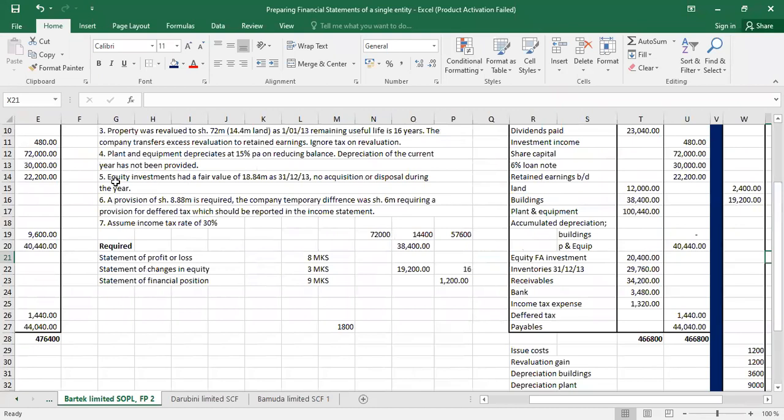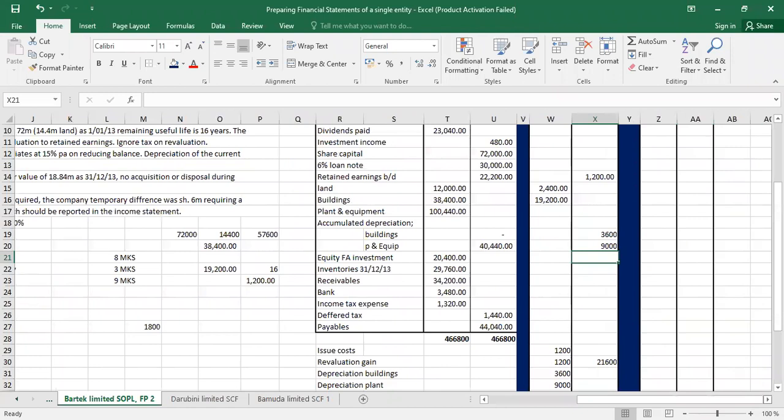We go to note number 5. They say equity investments had a fair value of 18.84 million as at 31st December 2013. No acquisitions or disposals during the year, isn't it? So we look for the investment. Where is it? Equity fair value financial asset investment, isn't it? It was 24,000, but now they say it is 18,840. It means it has reduced, isn't it?